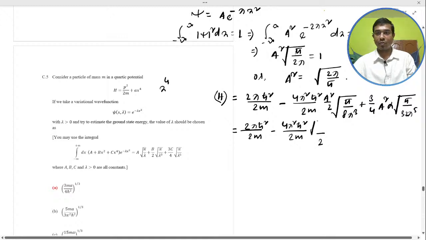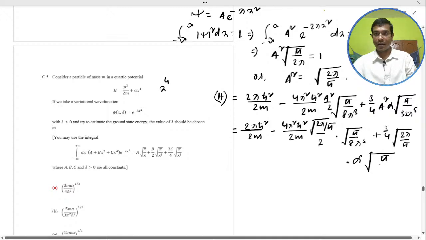Here 2 square root of twice lambda by pi into pi by 8 lambda cube 3 by 4. Put this value of a only, okay? Capital A, 2 lambda by pi alpha square root of pi by 32 lambda to the power 5.